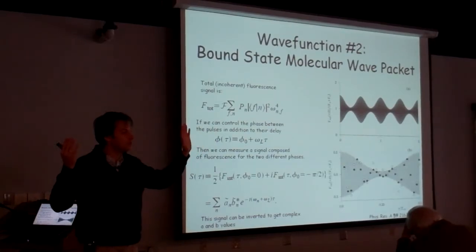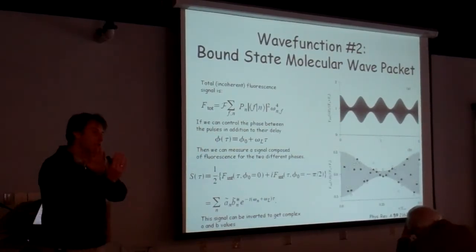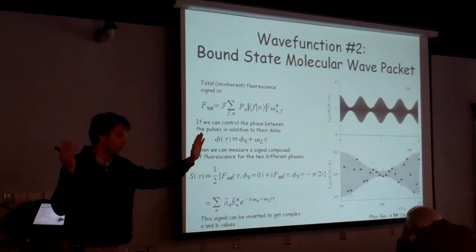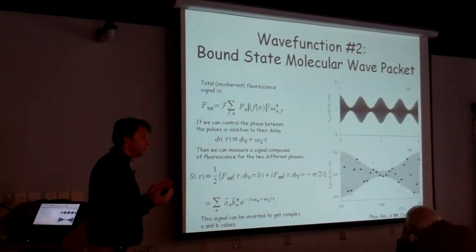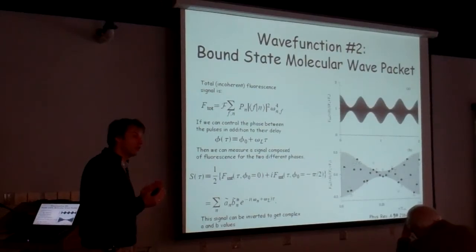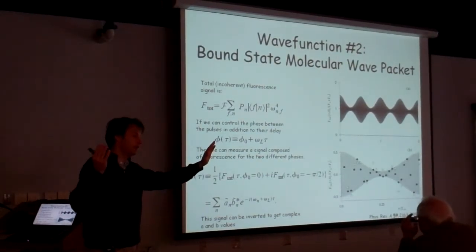And this is basically just a simple statement that the Fourier transform of an autocorrelation function, which is what you're measuring, is the spectrum of that radiation or the spectrum of the absorption. So it's a simple mathematical idea that tells you that you can get spectral resolution by just looking at something as a function of delay between two pulses.